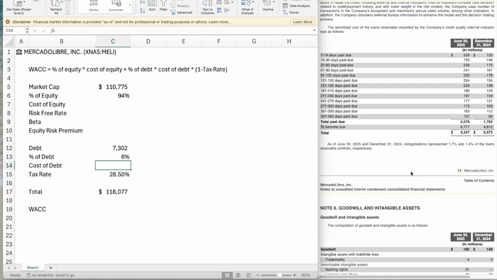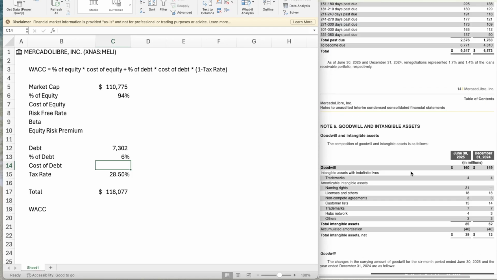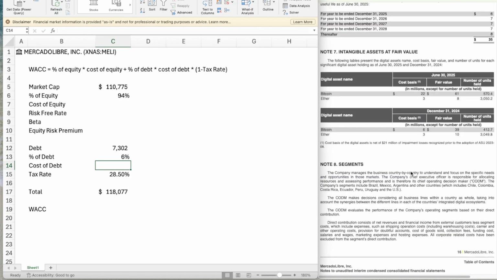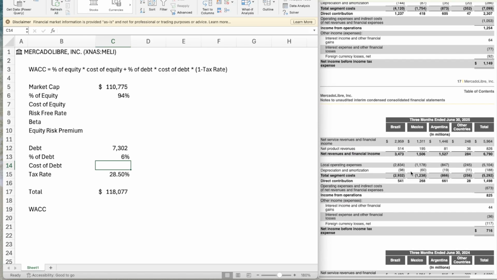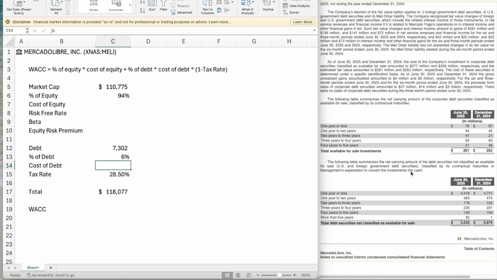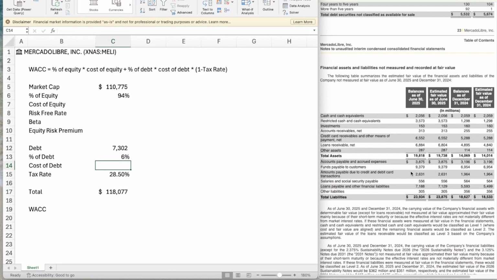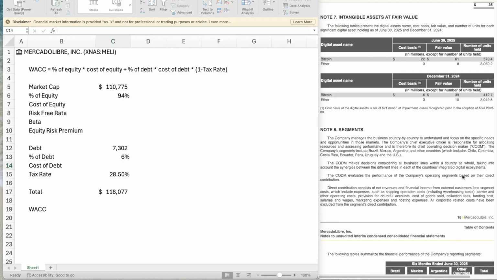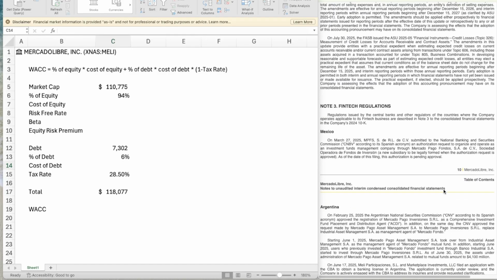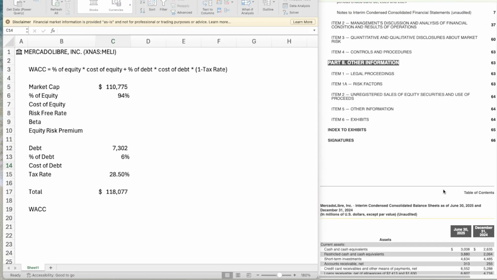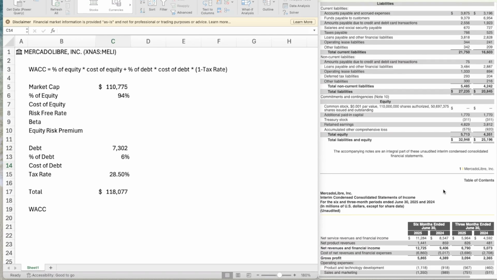No, that's not it, that's something different. The best thing for us to do is just go to the income statement and look at what the interest expense was.